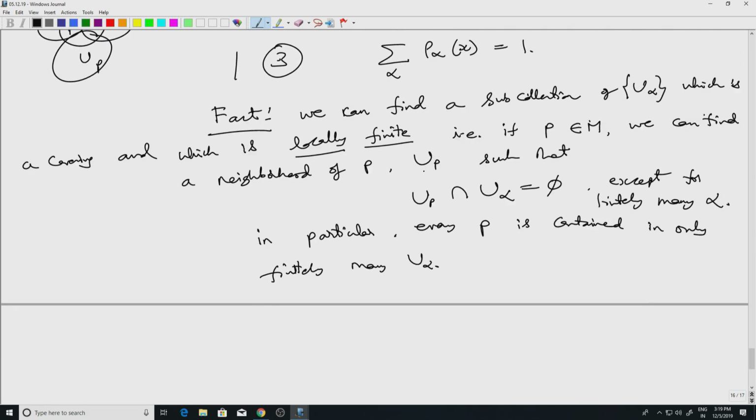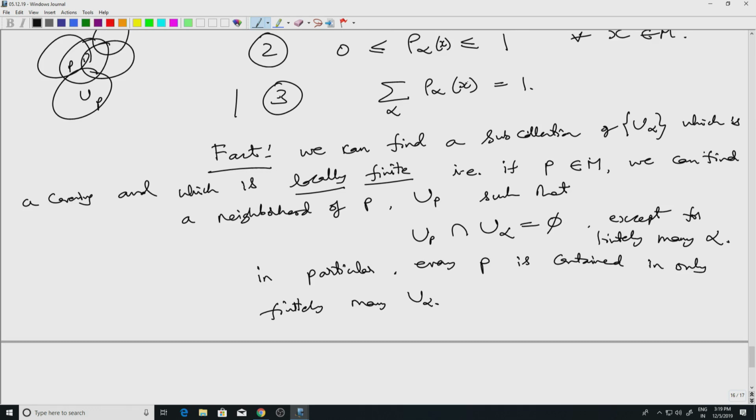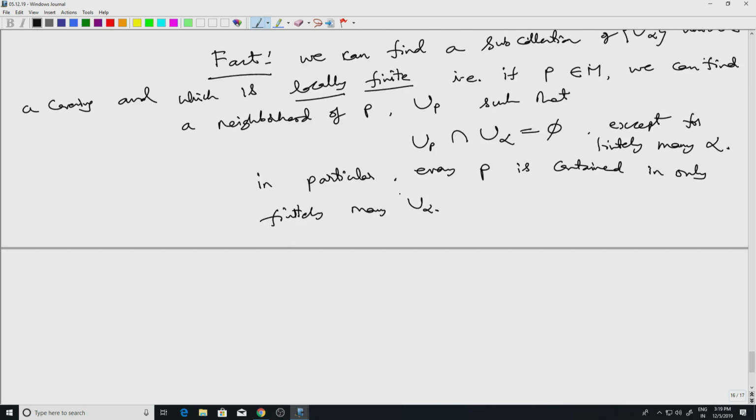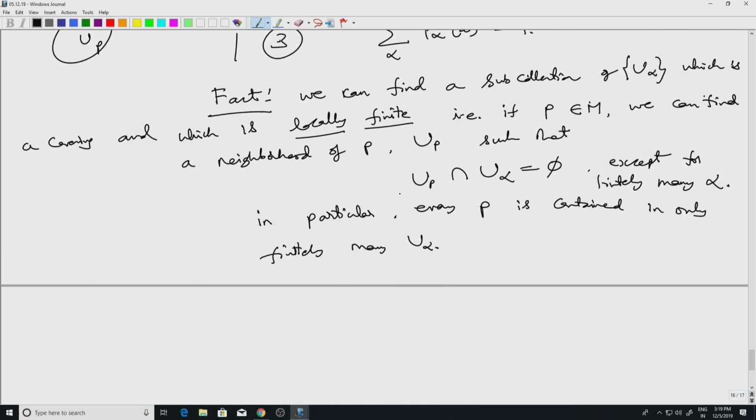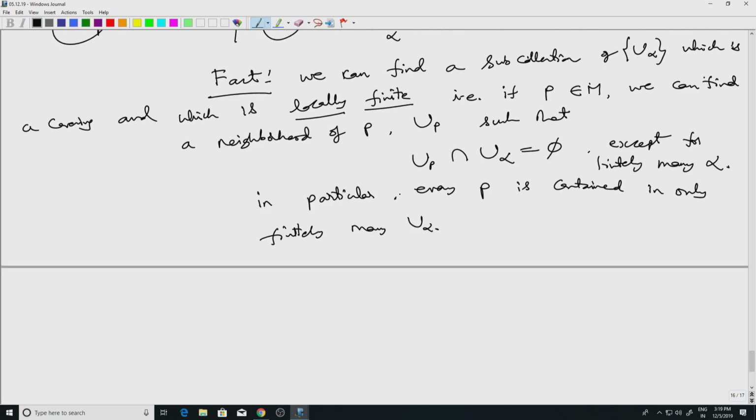In fact, this says that not just at a specific x, but in a neighborhood UP, the same functions will survive and all the others will be 0. So once we have this, we can define our global form. Define omega equal to the sum of rho alpha times phi alpha star omega naught.